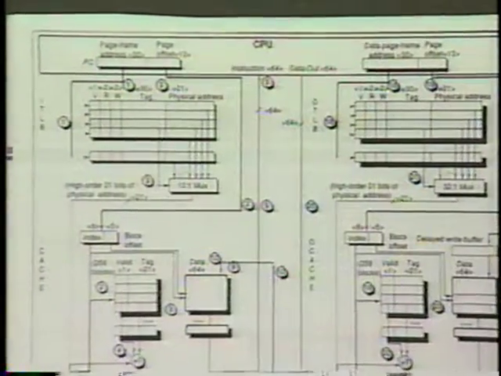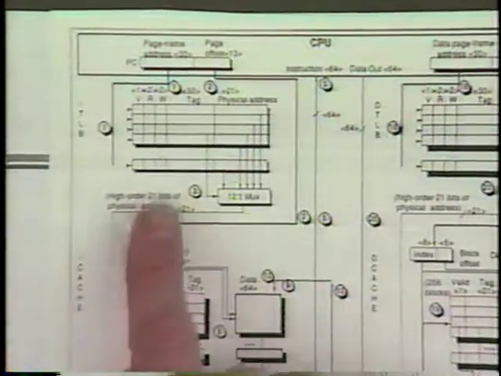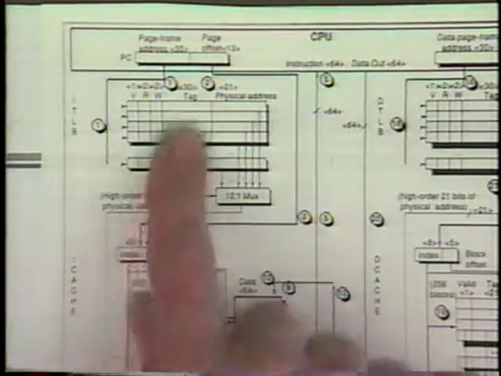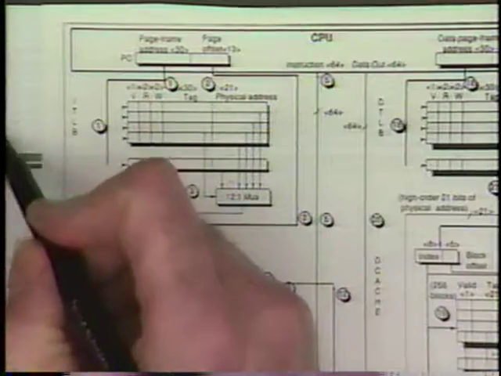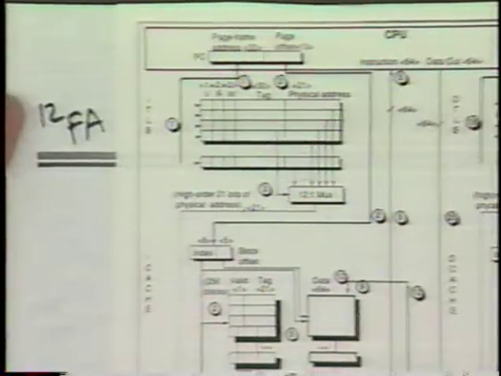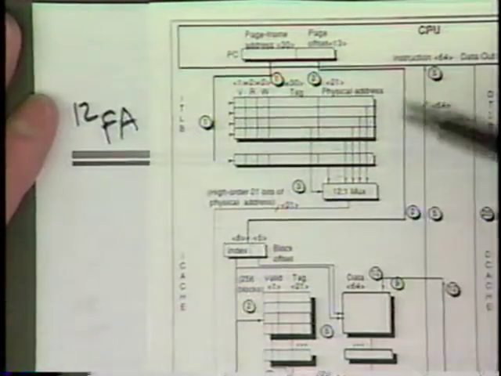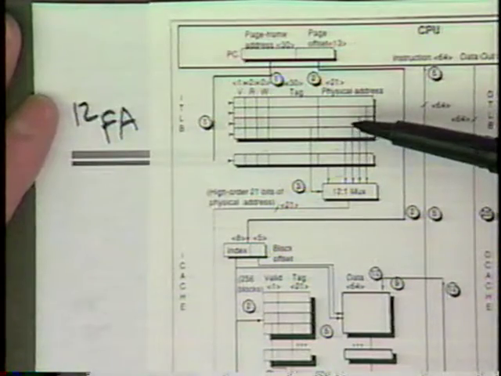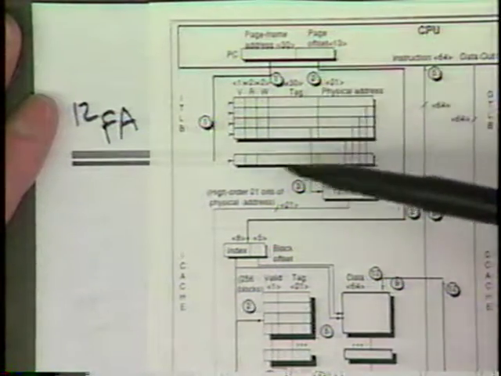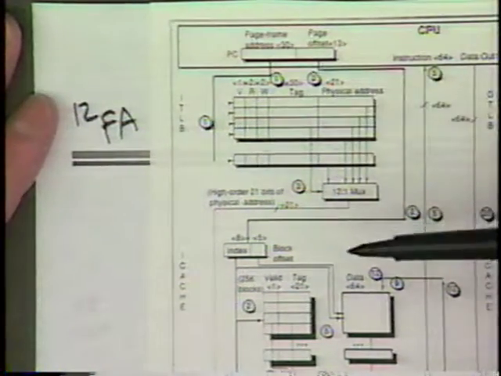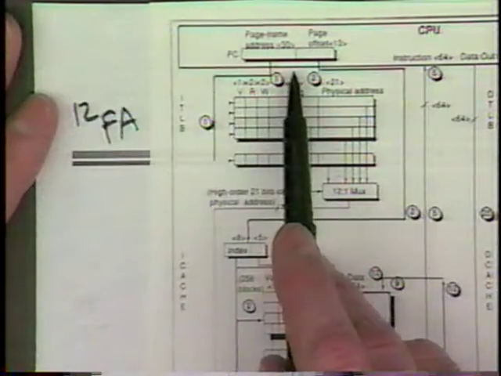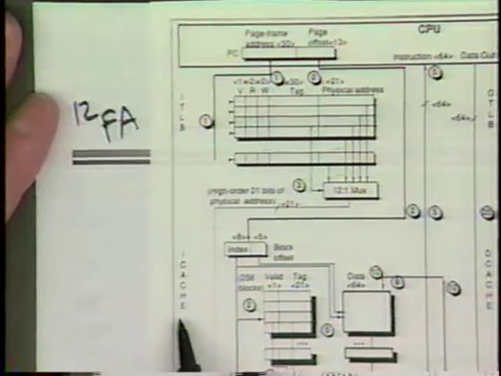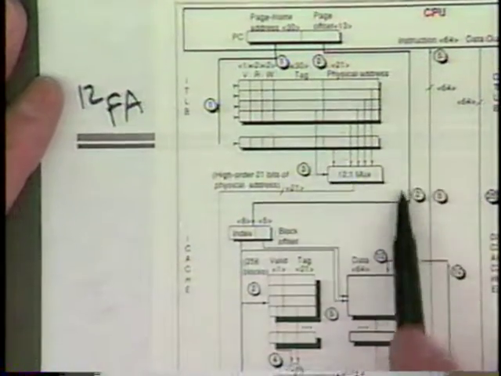This is the instruction fetch side, this is the data fetch side. So if we look at the instruction fetch side, first we have an instruction TLB, and this is a 12-entry fully associative cache. In parallel with the lookup in the instruction TLB using the higher bits of the address, there's a cache which uses the low order bits of the address.